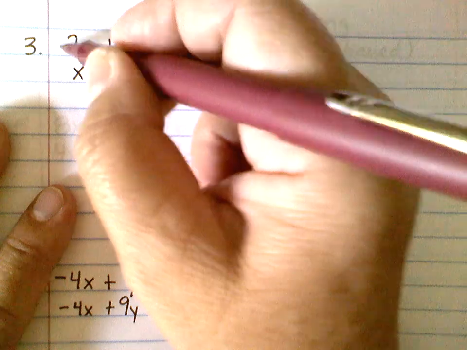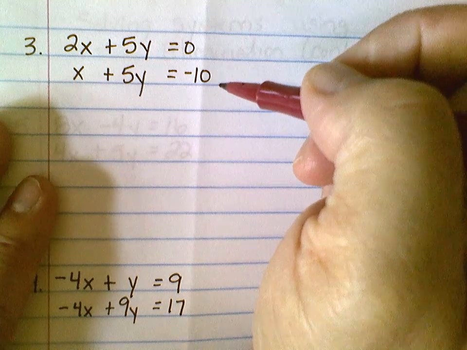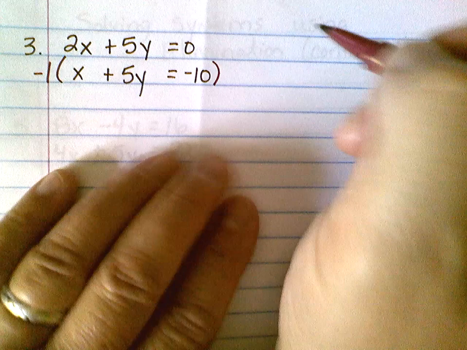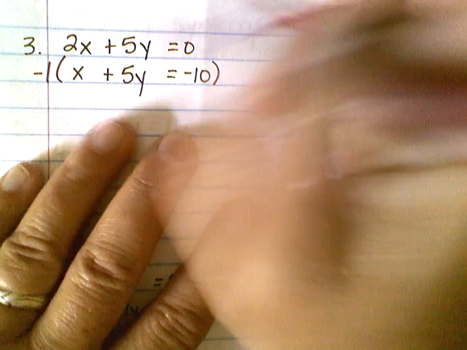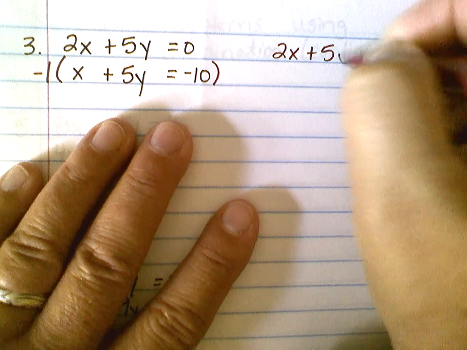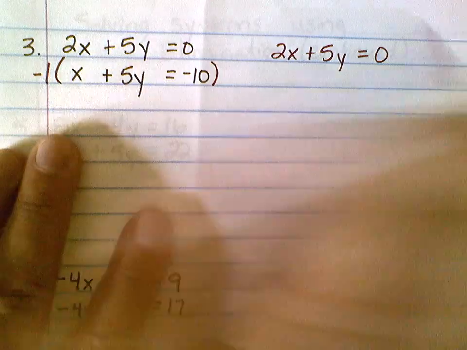So I can pick either this equation or this equation to multiply by a negative 1, which will change the sign. I'm going to pick the second equation, no special reason, and we'll see what happens. So this is my top equation because I am not changing that one at all.